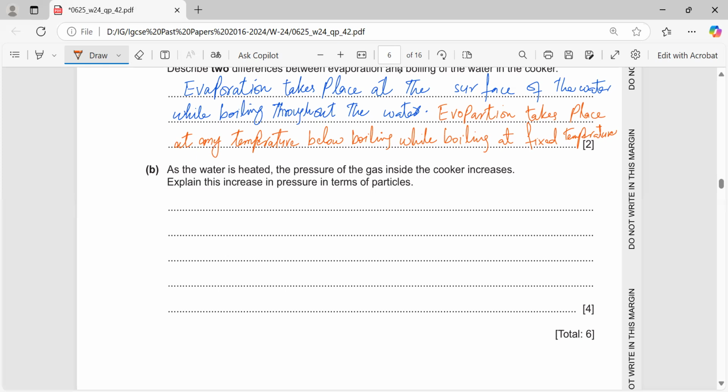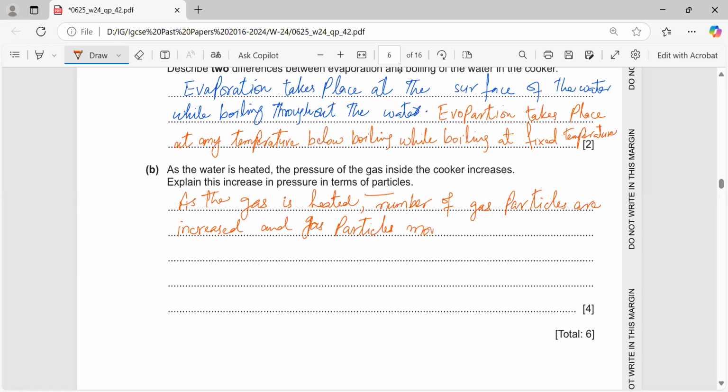So now I am starting to write the answer one by one. First of all, I will write this point: as the water is heated, the number of gas particles is increased, and gas particles move faster.